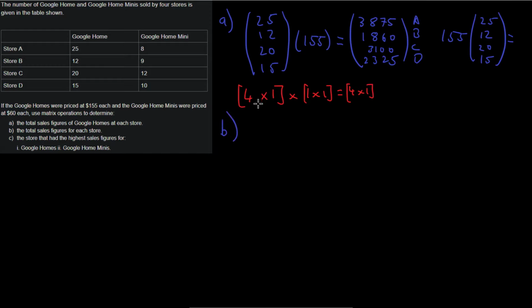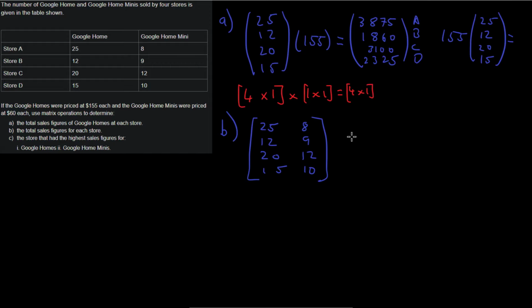Okay, so the total sales figures, we want to get the information for the Google Home and the Google Home Mini. So this one is definitely going to be a matrix that uses all of the information from the table. So we'll just copy the table as a matrix. That seems nice and easy to do.